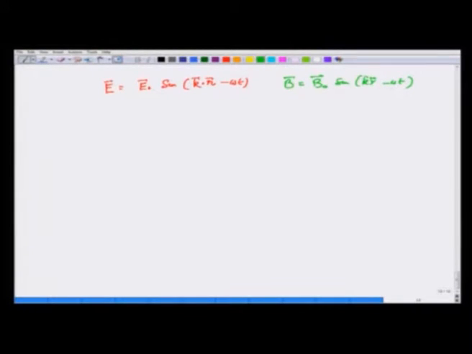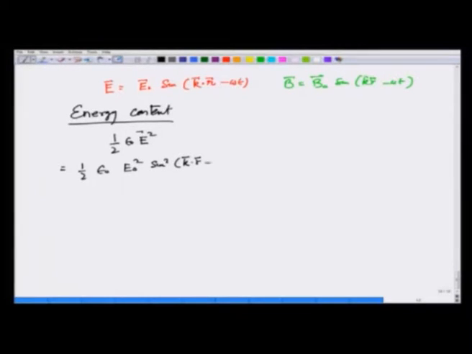Let us calculate the energy content first. Recall that energy in the electric field is 1/2 epsilon 0 E square, and therefore in this case this is going to become 1/2 epsilon 0 E0 square, that is the amplitude square, sin square(k dot r minus omega t).